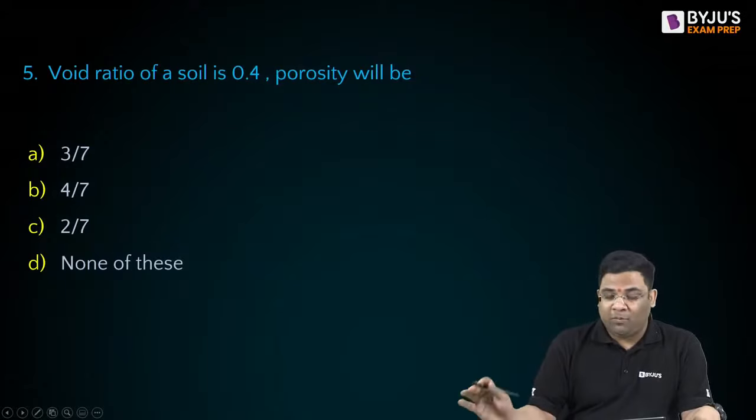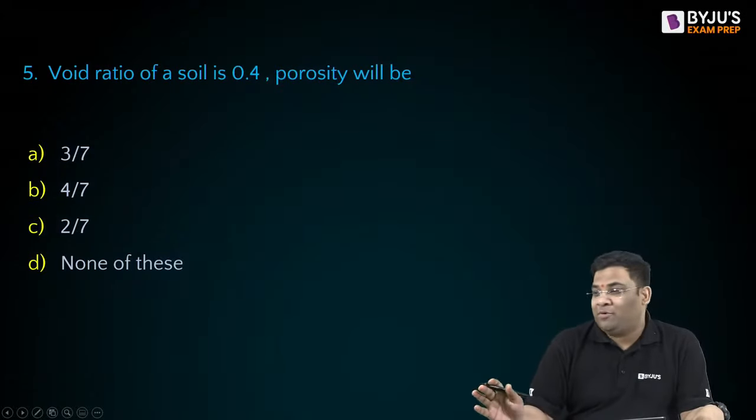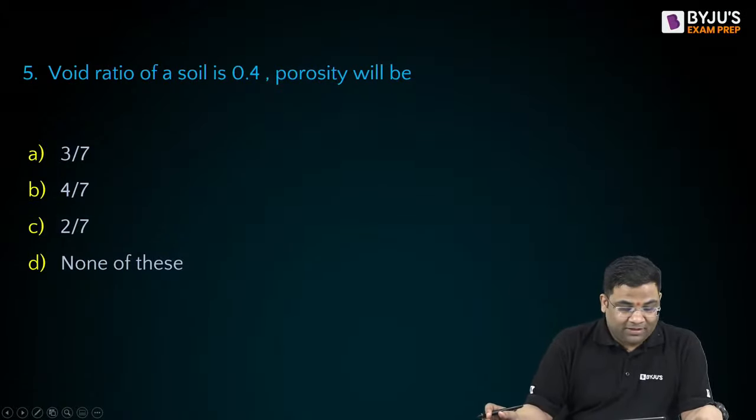Void ratio of soil is 0.4. Porosity will be? It's a very straightforward question. Please answer fast.